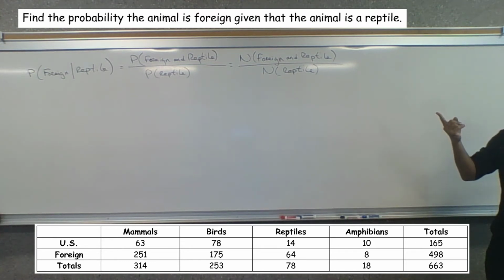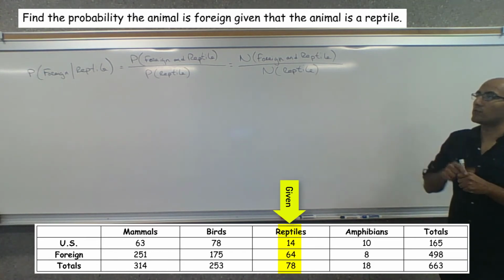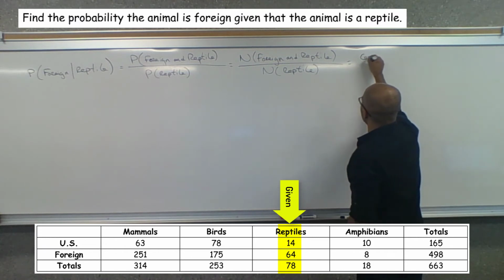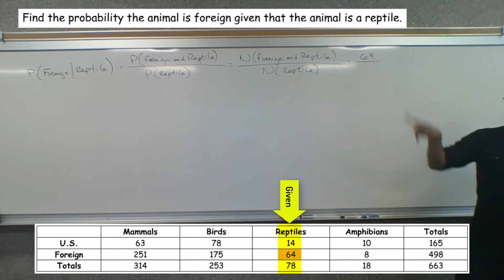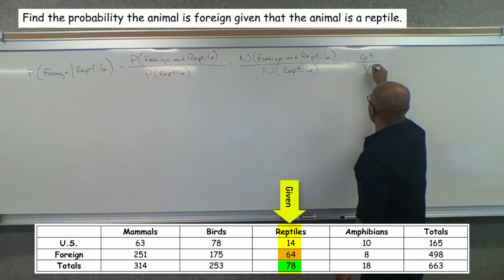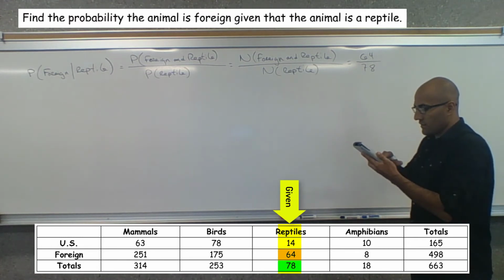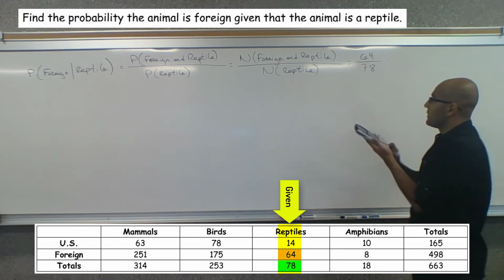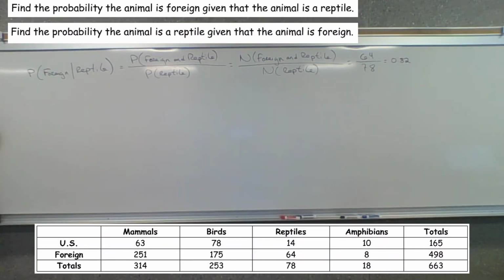Okay, so by our table we can see that the number of animals that were both foreign and a reptile is equal to 64, and then the number of reptiles altogether was 78. Okay, so now we can take that and divide them, and what do we get? We get 64 divided by 78. I'm getting 0.82.